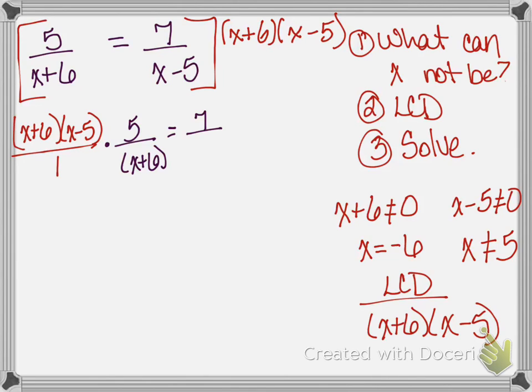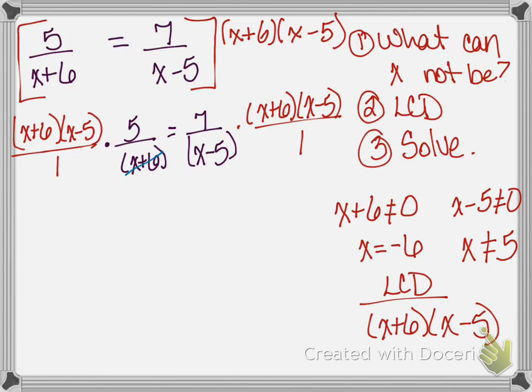Then I have 7 over x minus 5, and I am multiplying that times x plus 6 times x minus 5. And all of that is over 1.